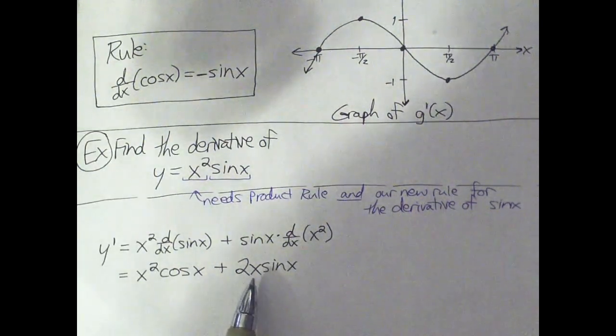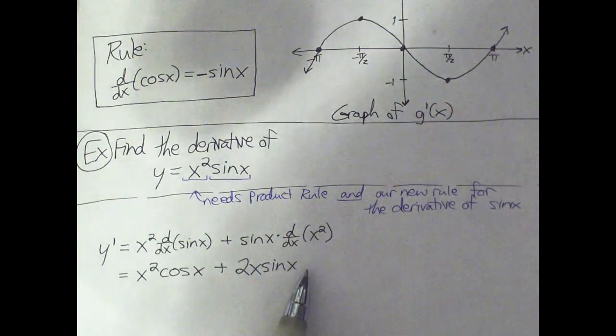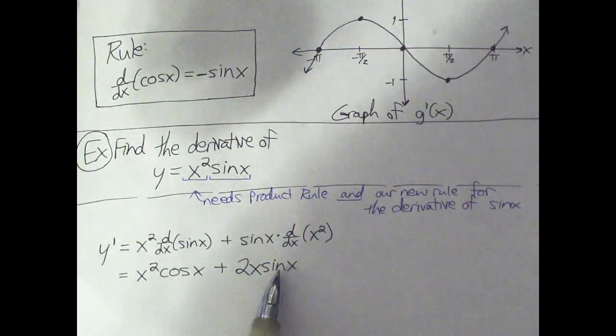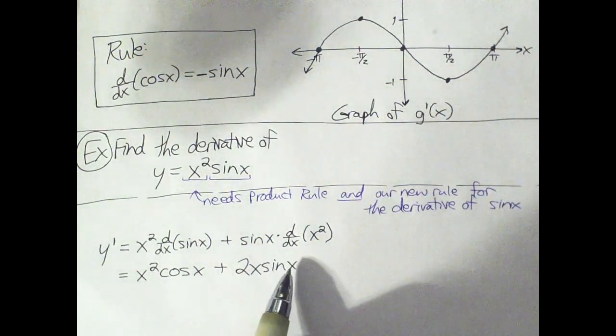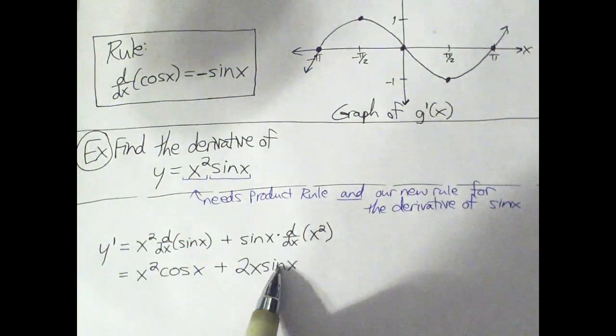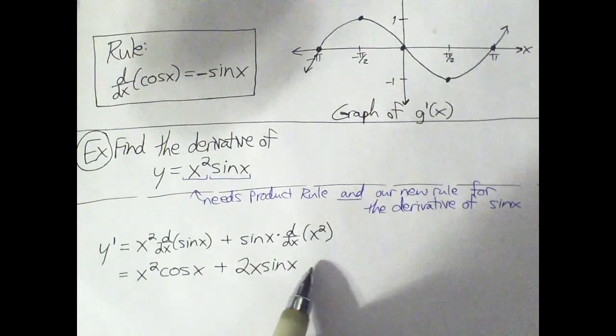Do you see why I put the 2x where I put it? Imagine if we left the 2x to the right, then it would say sine x 2x, and it would be a little bit unclear. Are we just taking sine of x, or are we taking sine of x times 2, or are we doing sine of x times 2 times x? It would be a little unclear.